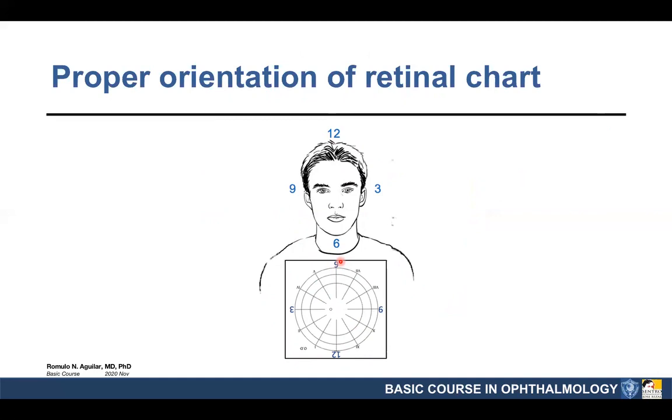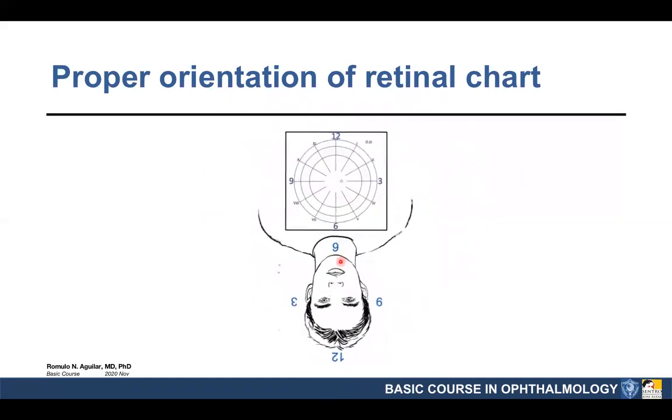Alternatively, of course, you can invert the patient. That is why it is recommended that you have the patient lie down and you stand here above the head. And the chart should be properly oriented with 12 o'clock at 12 o'clock and 6 o'clock really at 6 o'clock. Okay, so this will again neutralize the inversion of the image, and the tip is just draw as you see it.